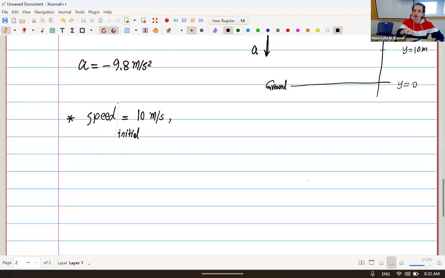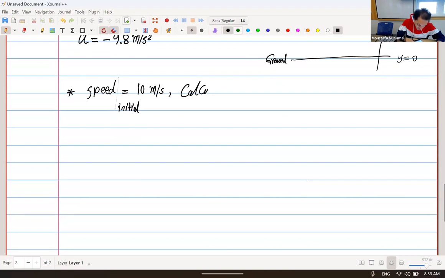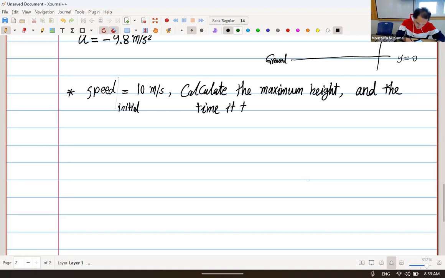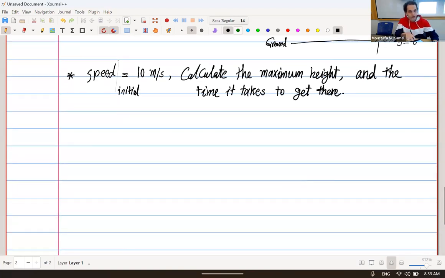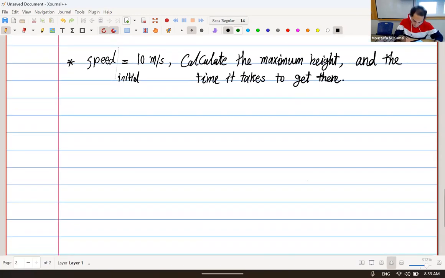And I want to calculate how long it takes until it reaches the maximum height and how far it goes to the maximum height. So calculate the maximum height and the time it takes to get there. It's always helpful to start by drawing a picture.